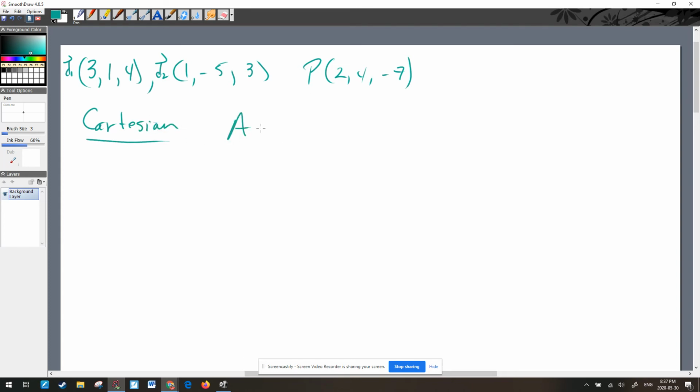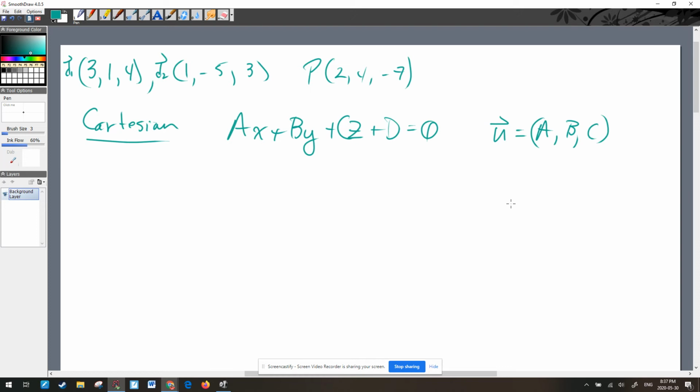Cartesian requires that it's ax plus by plus cz plus d equals 0. And we know that the normal vector is equal to a, b, c. The normal vector is perpendicular to absolutely everything on the plane.